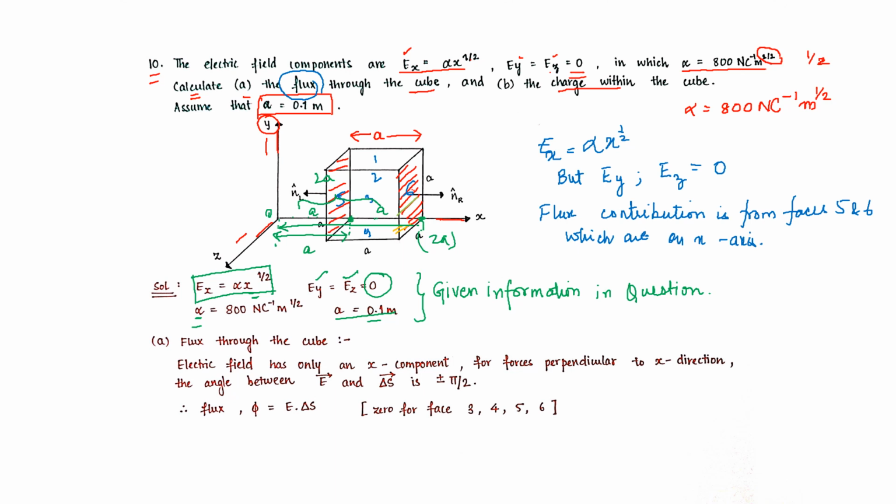So flux through the cube, we will start finding the flux through the cube. Only the x components are valid here. I will make one more rough diagram over here. This is our x.